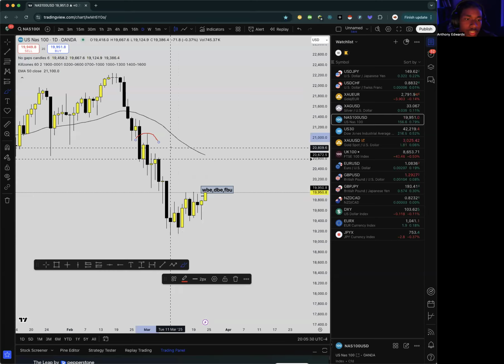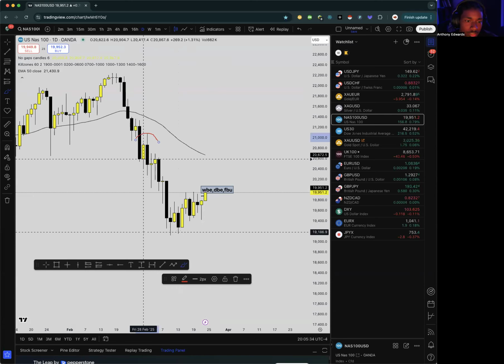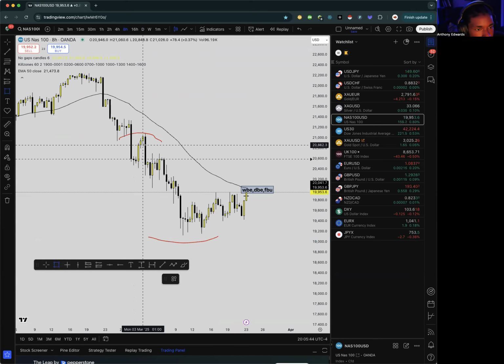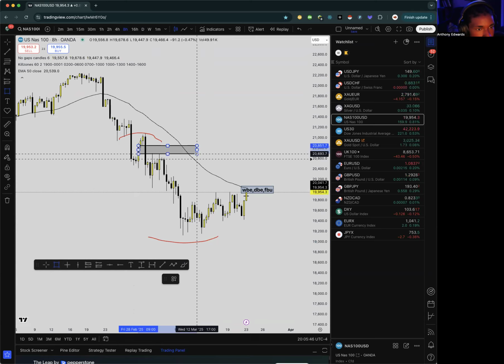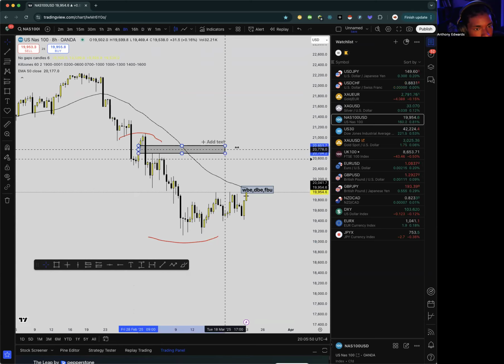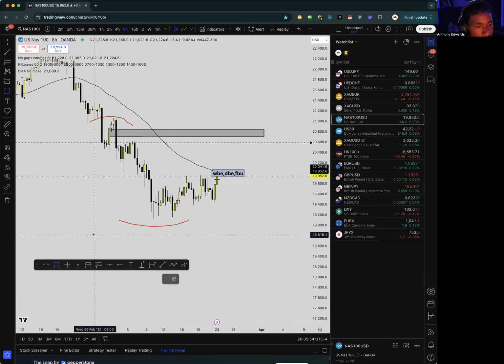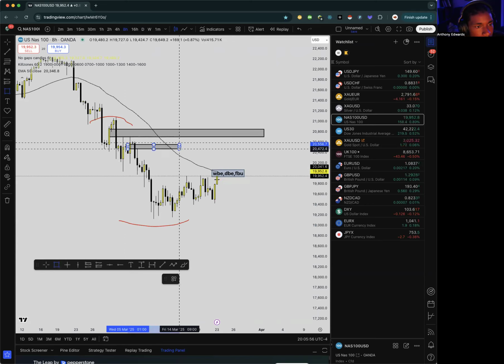Price is headed to at least this area. This is the daily high, this is the daily low. Drop down to the 8 hour, and if we're looking for some imbalances in the market, we can see there's price imbalance here on the 4 hour time frame, and there's also some imbalance on the 4 hour time frame here.